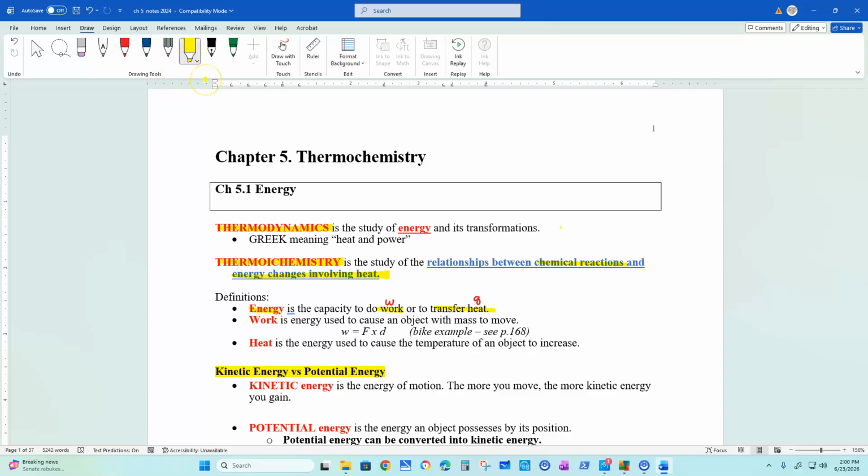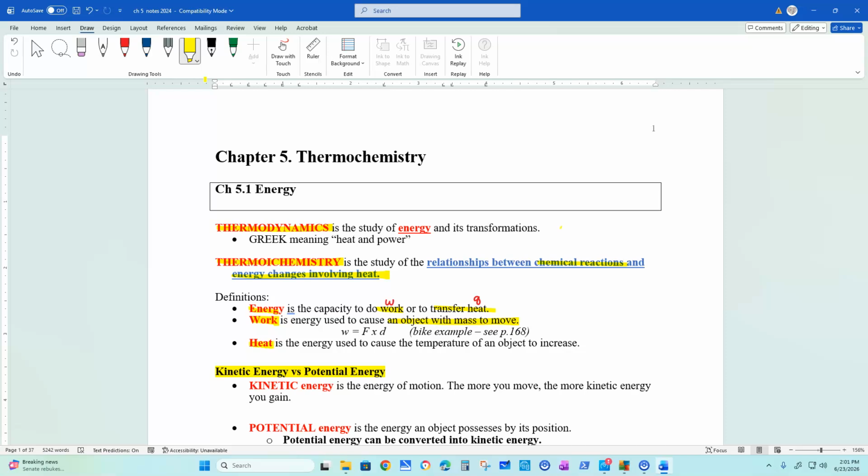The definition of work is the energy used to make an object with some type of mass move. Like the bike example coming below, you moving your pencil, you blinking your eyes, you are doing work. Your brain is functioning, hopefully listening and not on your cell phone at the same time.